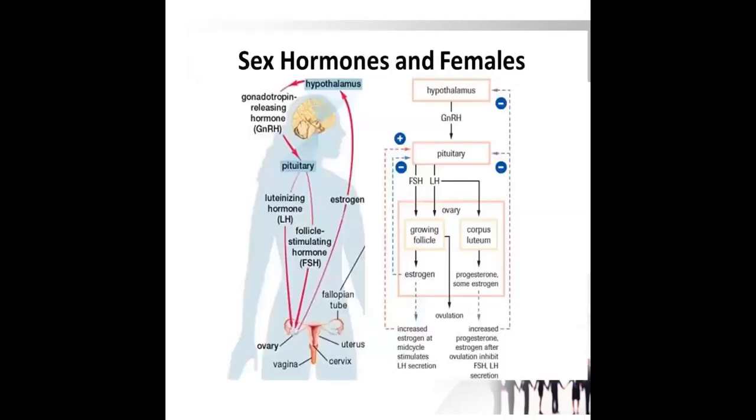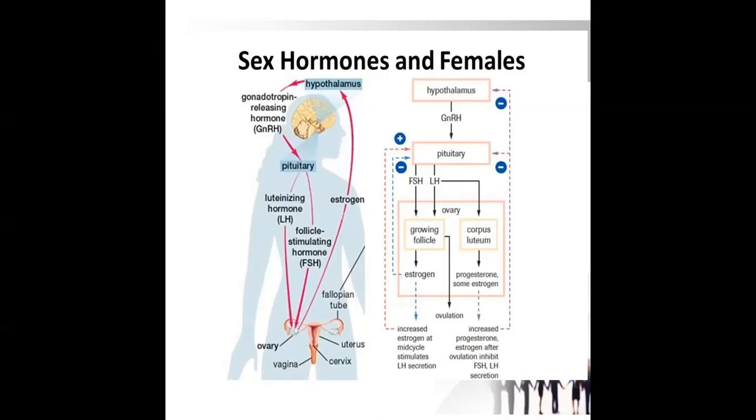Now, when you look into the sex hormones in females, they are under the control of the hypothalamus, the pituitary, and the target female genitalia like the ovaries, fallopian tubes, uterus, and cervix. The hypothalamus causes the release of gonadotropin releasing hormone, GnRH, which stimulates the pituitary.